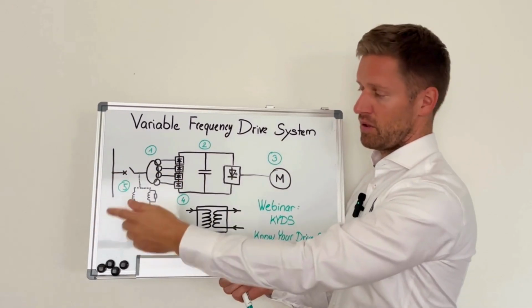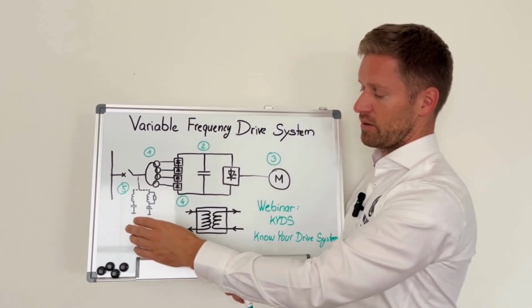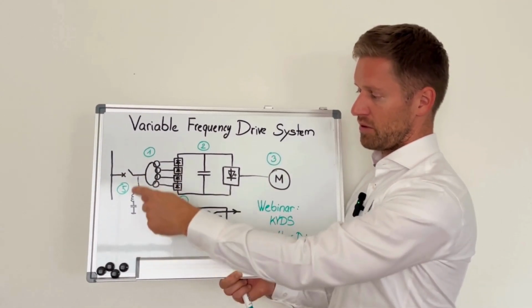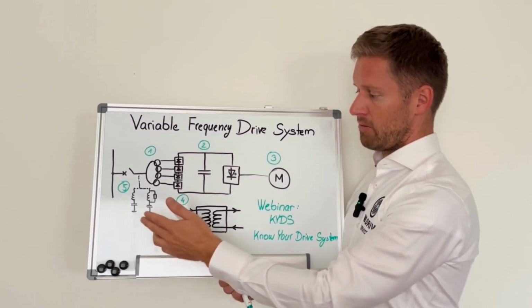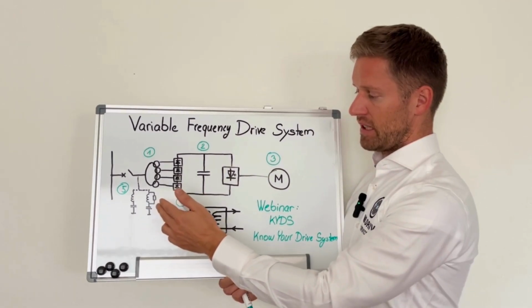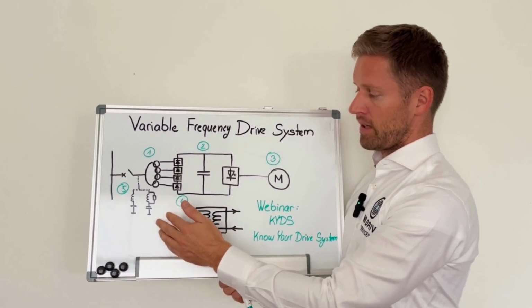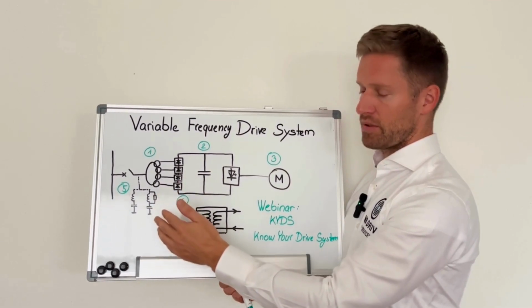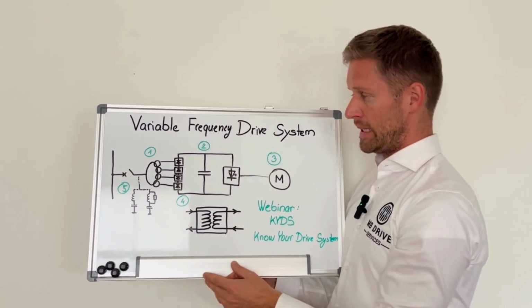And this is what we want, because if they flow into the grid, then they are causing distortion in the grid. So we want to trap them in the filter. And each filter inherently also provides some reactive power capability, so this can be used for reactive power compensation and power factor correction.